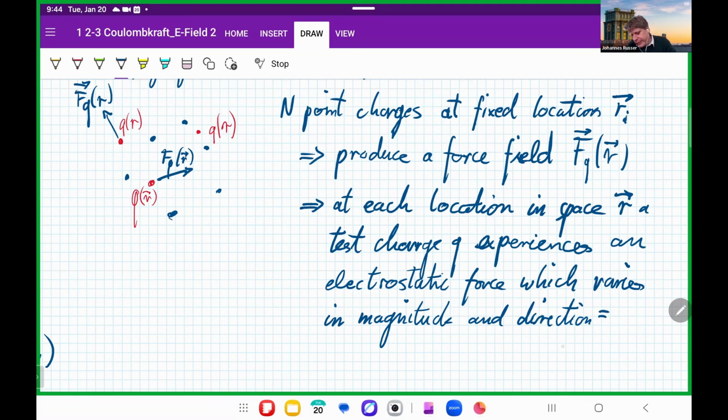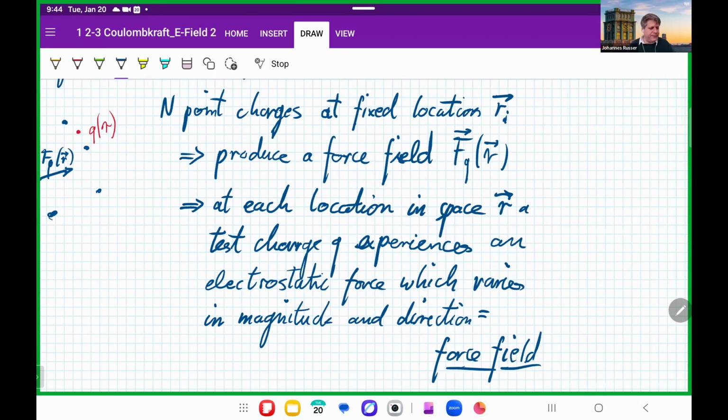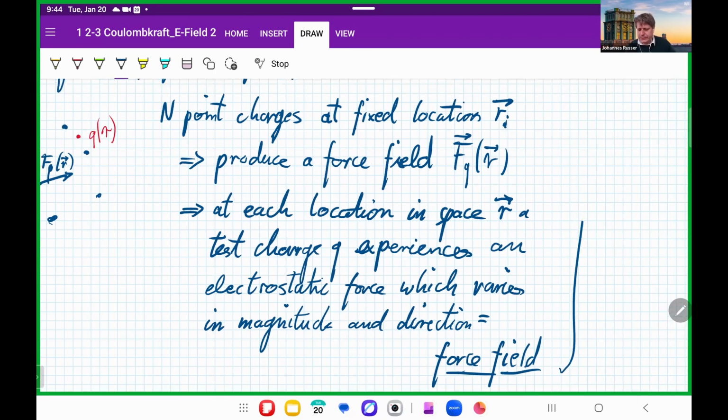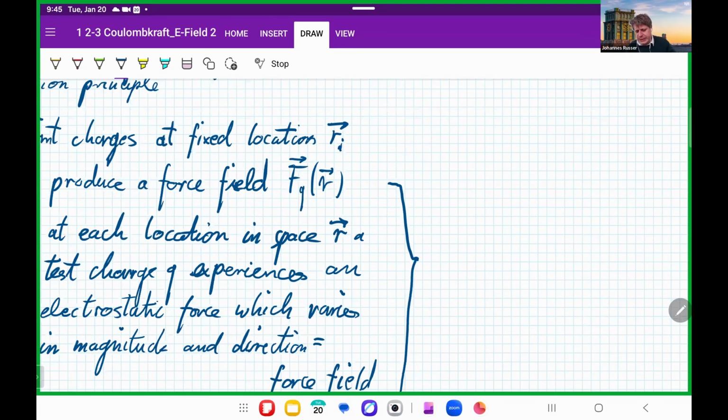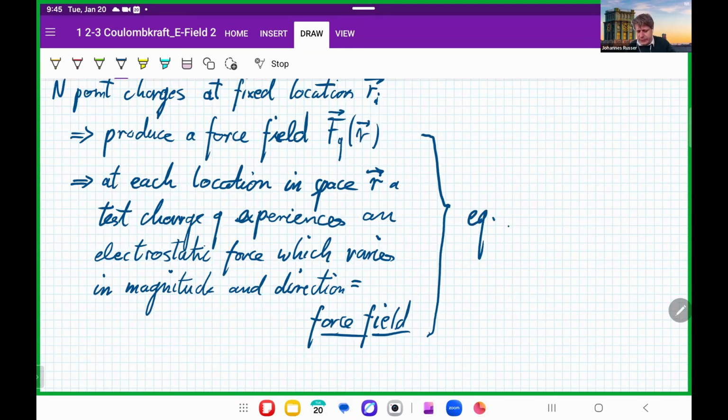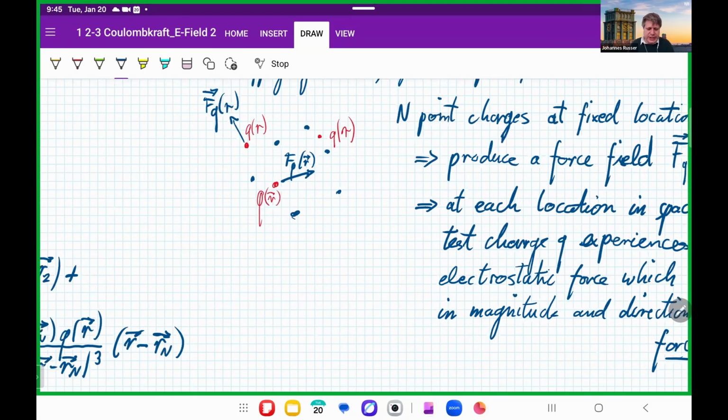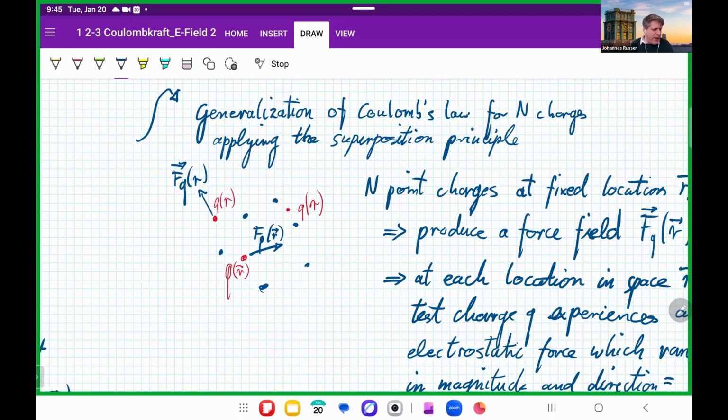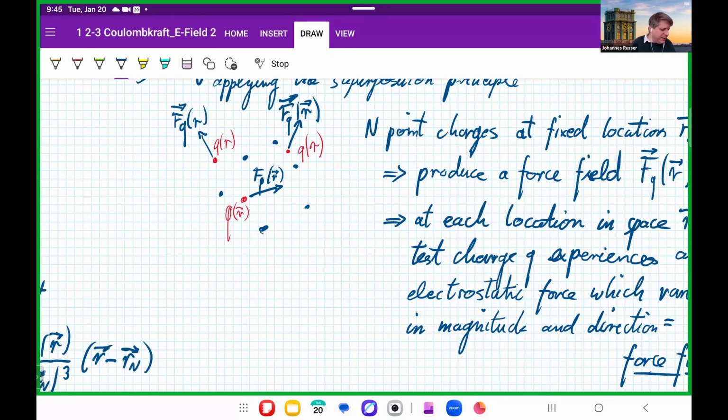So we have a force field, and we can obtain all of that from our equation that we just noted down, 1.2. Take this arbitrary charge distribution given here by the blue charges, move your test charge, the red one, around, and at each position you will obtain some force. Take all of them together, and this is your vector force field representing the electrostatic force field.